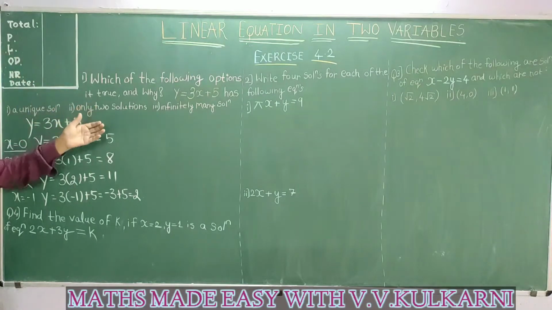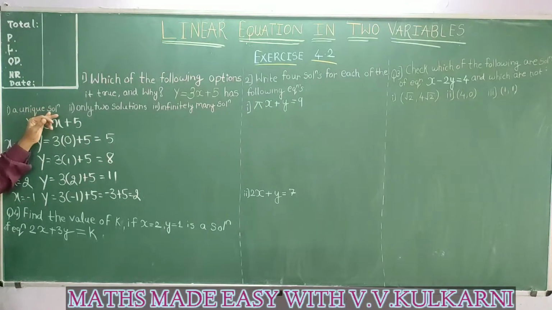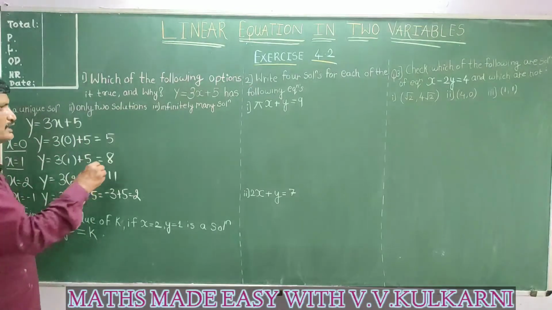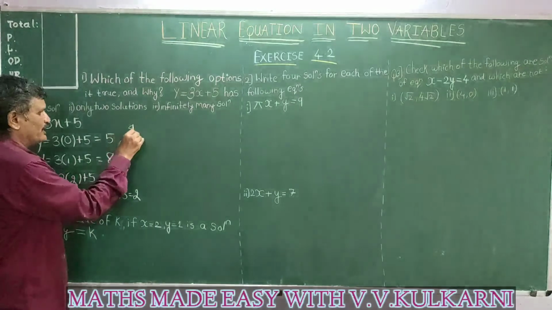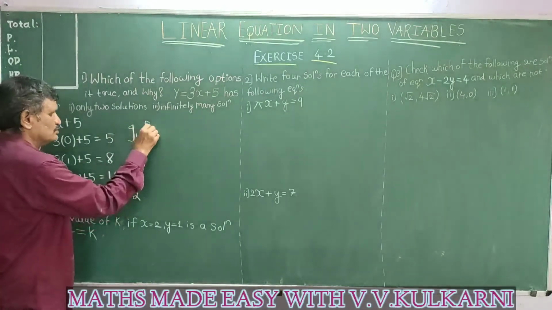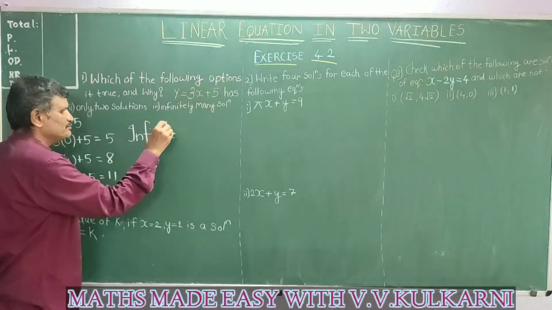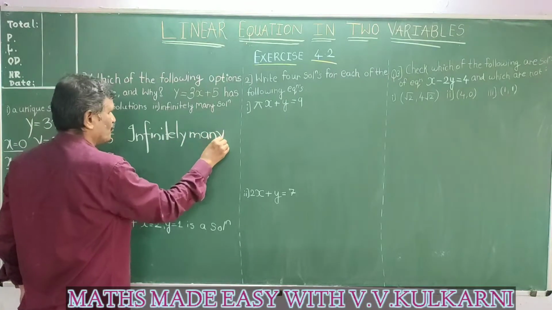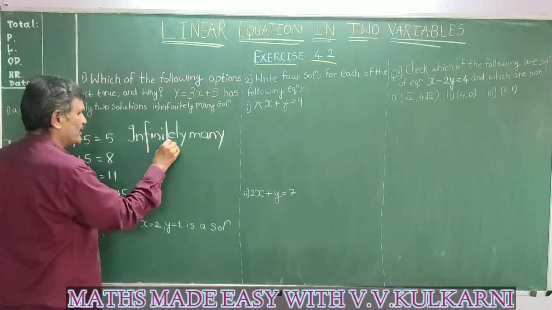Any value I put for x, you will get the corresponding value of y. So you cannot say it has only a unique solution. You cannot say it has only two solutions. You can only say it has infinitely many solutions, because the value of y depends upon the value of x.